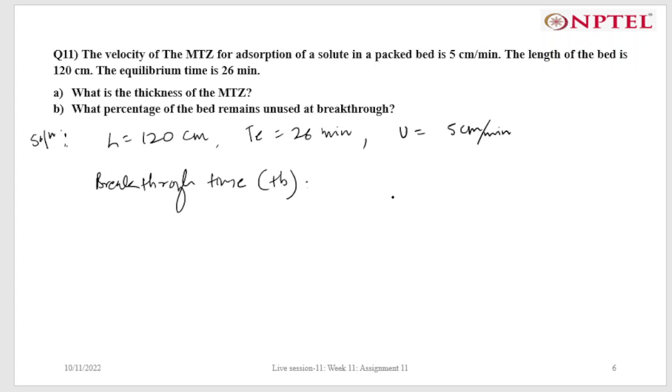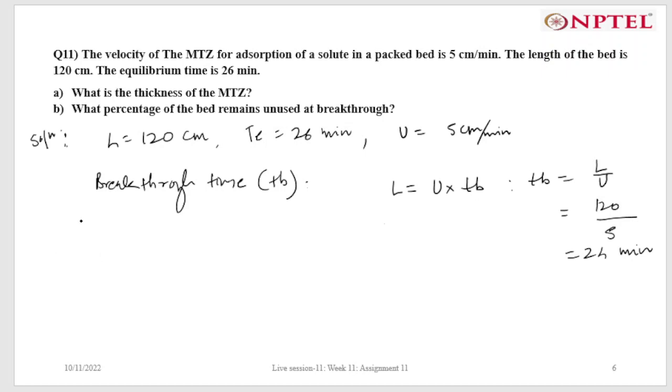You know the formula: L equals velocity into TB. Put all the values in this formula: TB is 120 divided by 5, so 24 minutes. This is the breakthrough time.